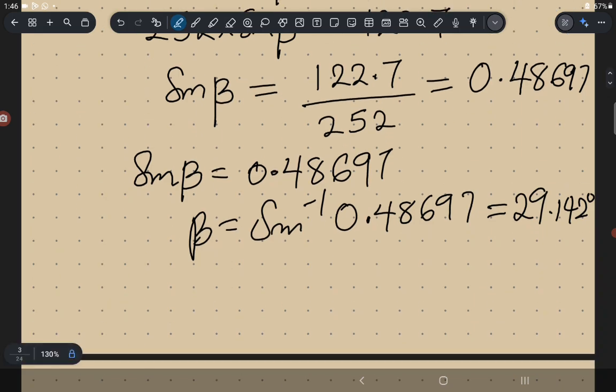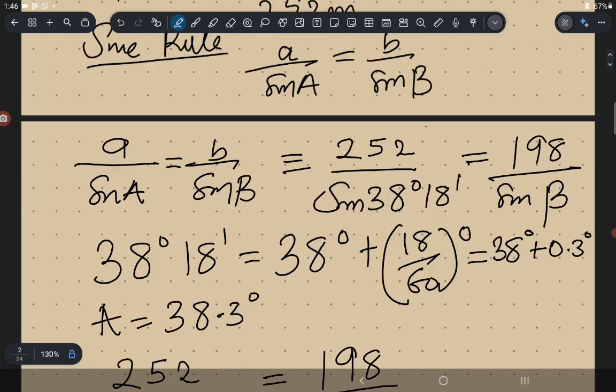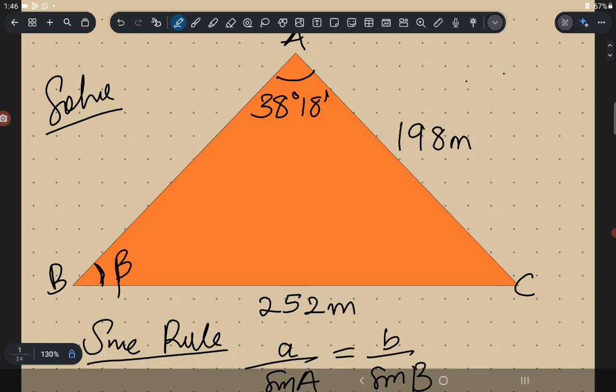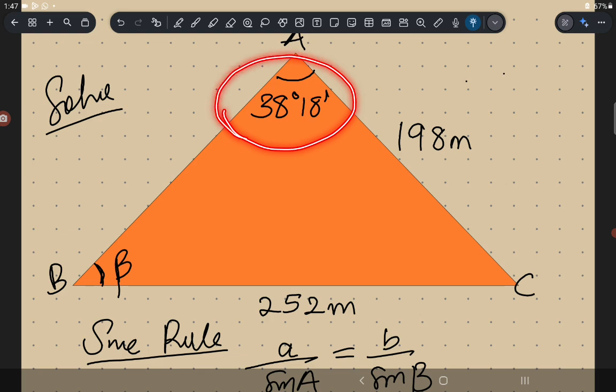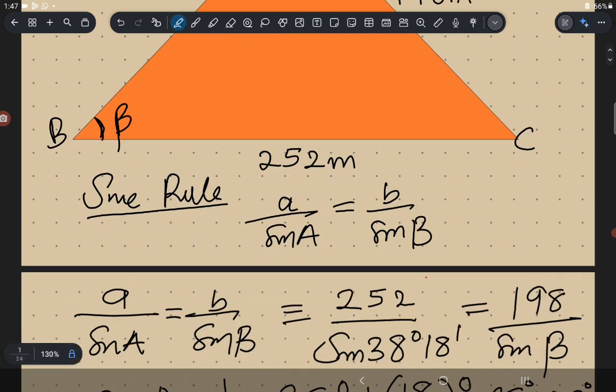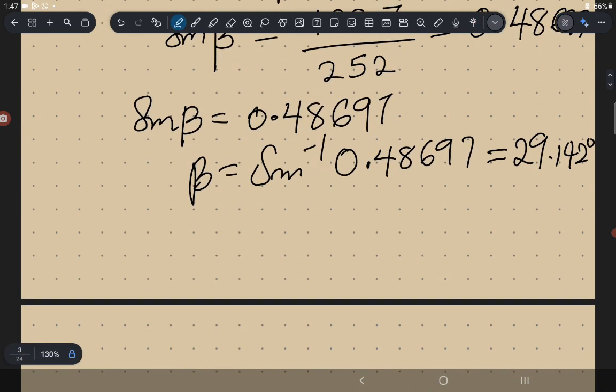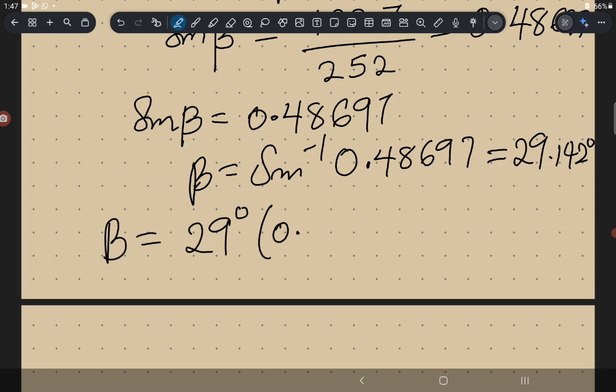But remember that from the beginning, from where we stopped, the angle given is in minutes. We have 38 degrees 18 minutes. So we need to convert this to minutes. So our value of B will give you 29 degrees plus 0.142 times 60 minutes.